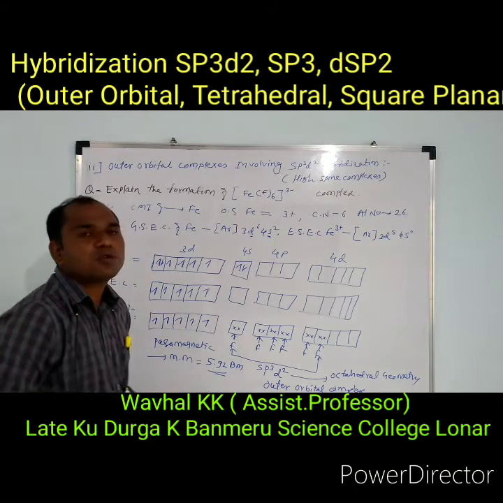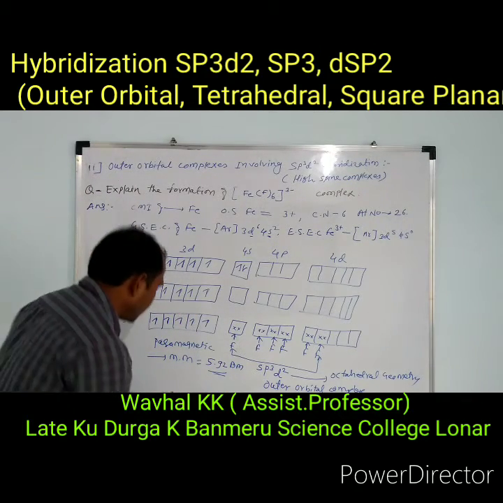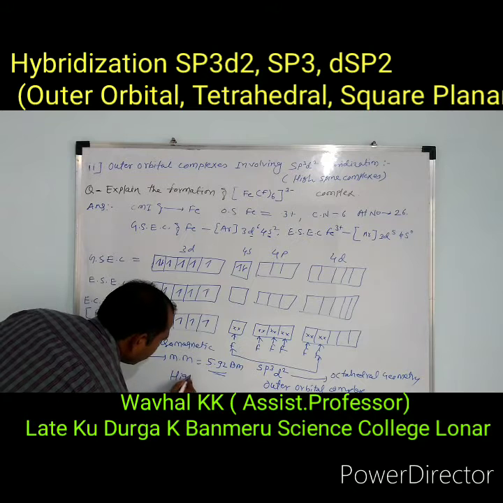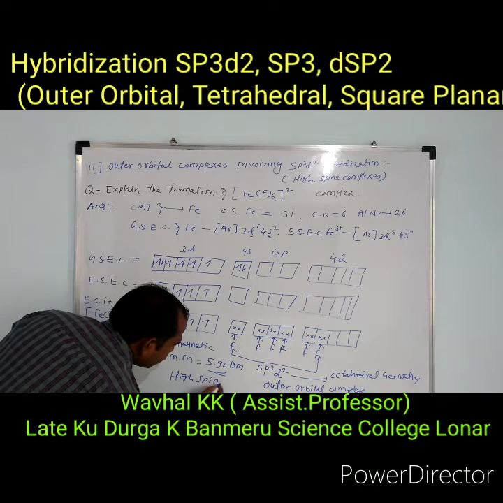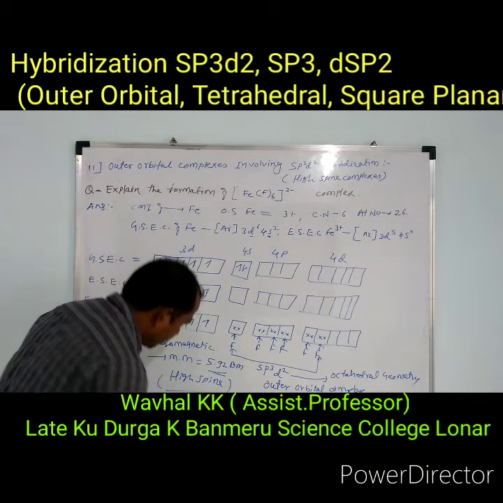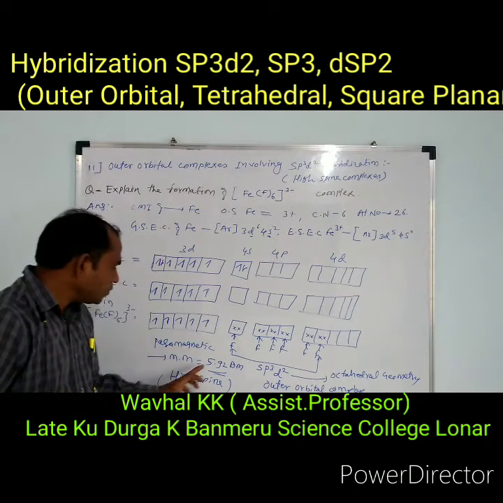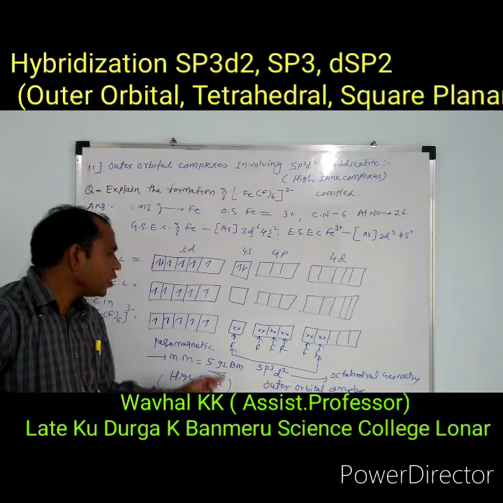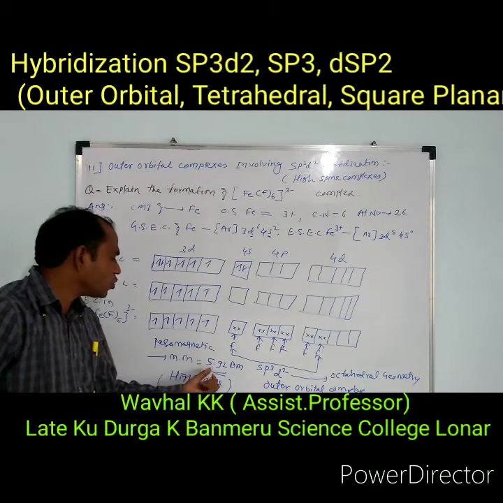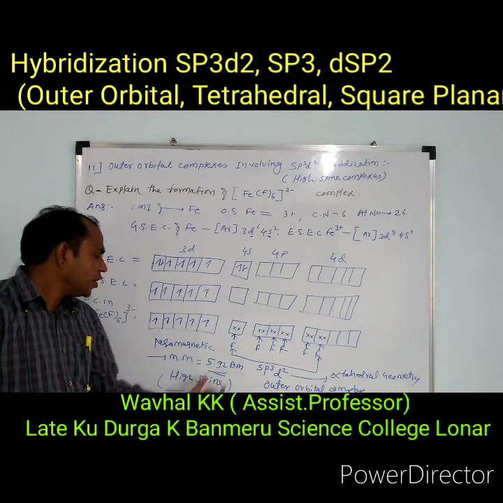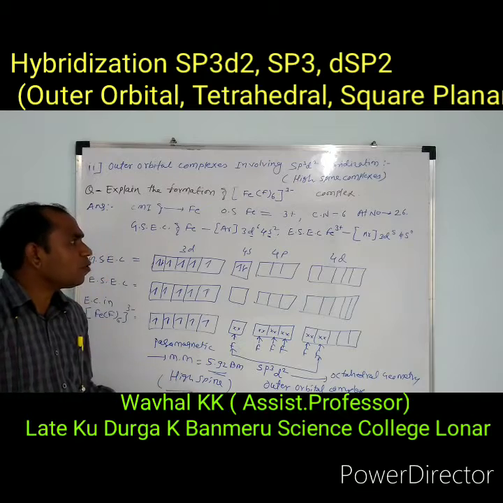And this complex is called a high spin complex. Why is it called a high spin complex? Because the magnetic moment of the free ion is also 5.92 BM, and in the complex it also shows 5.92 BM. Hence this complex is called a high spin complex.